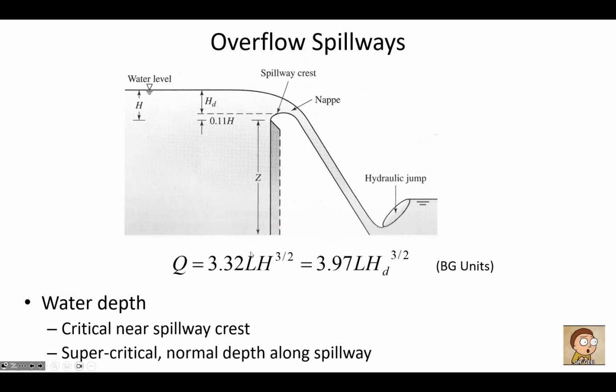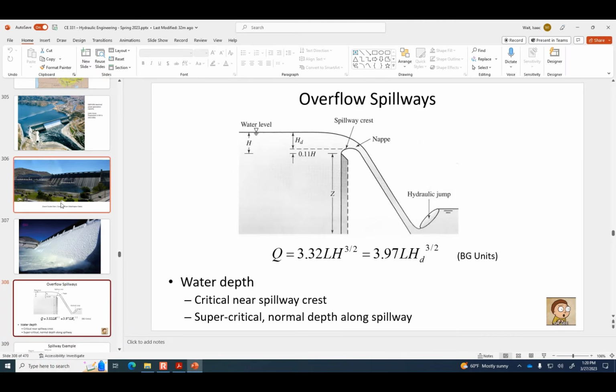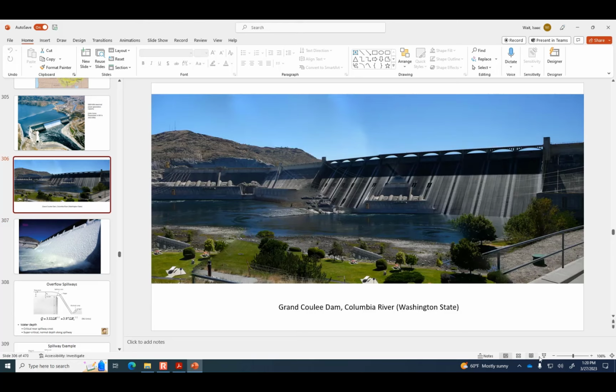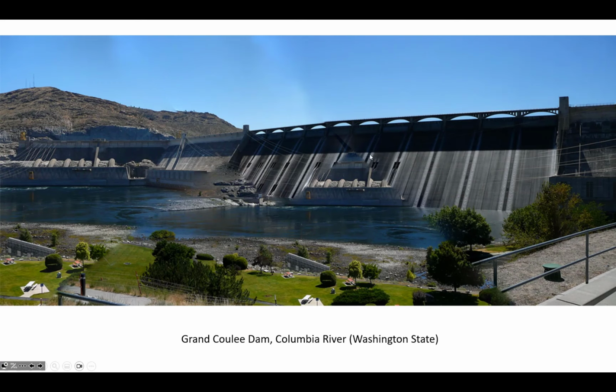So this parameter L is talking about, for example, the length, which would be this distance across the top. And you can see from this photo that they have the same thing that was demonstrated in the video, that these gates could be opened and closed independent of each other. So if there is water going over the spillway, you don't necessarily have to have all of the gates open.